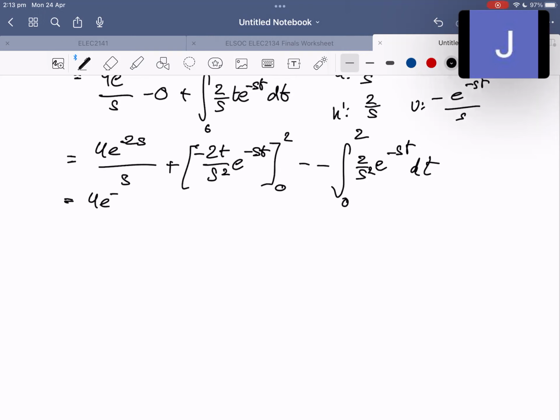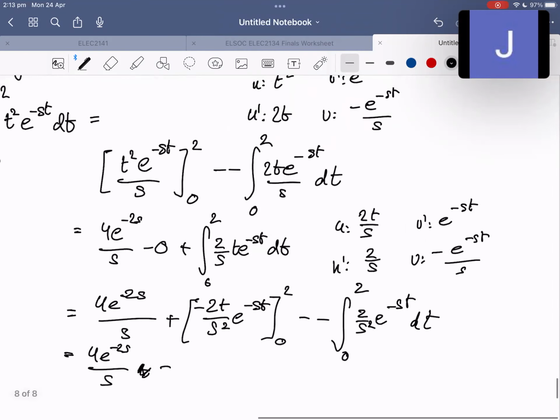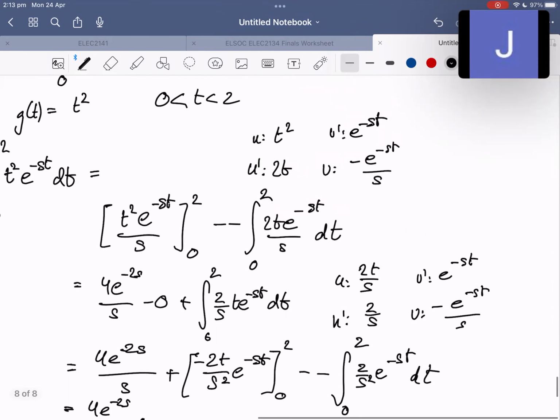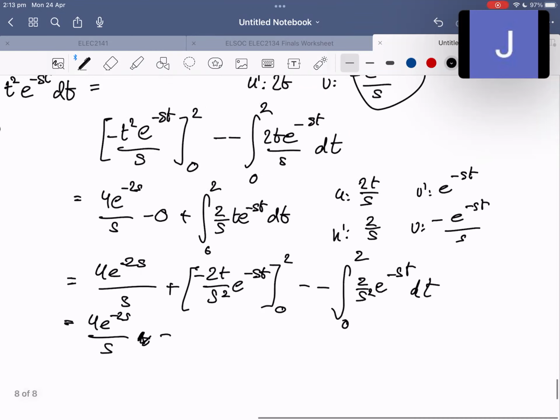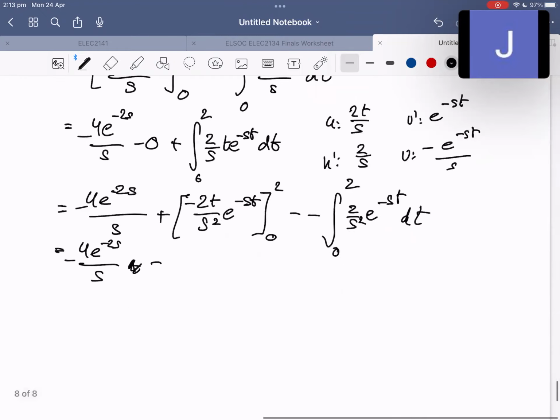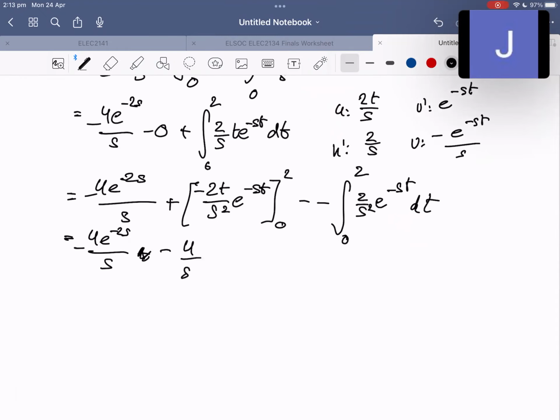So 4e to the minus 2s on s plus, we would have a negative sign. Oh, hang on. There should be a negative sign here as well because of this v. So that gives me 4 on s squared e to the minus 2s, and then minus 0 again, or plus 0.